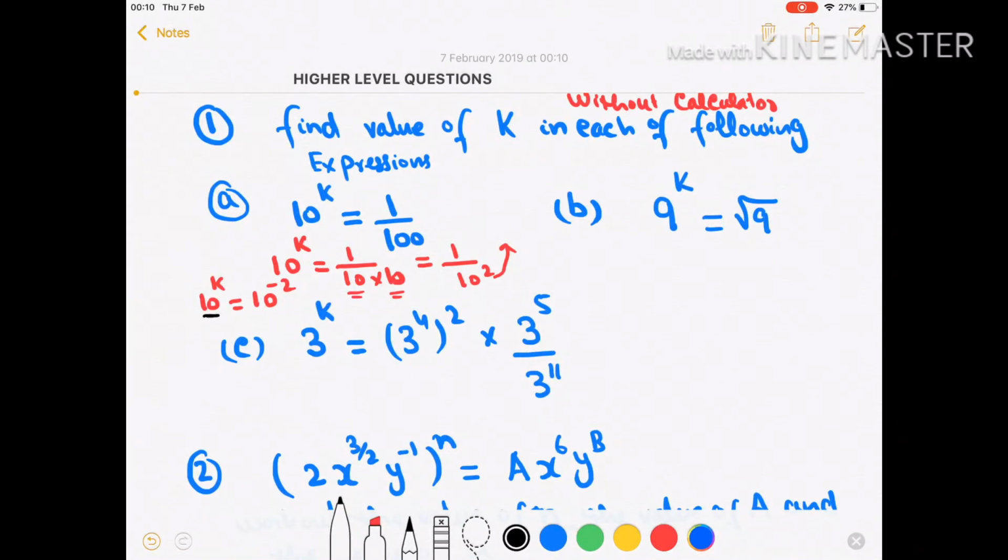Now see, this is the important step: the bases 10 and 10 are the same, so the powers are equal to each other, so k is equal to minus 2. One of the important questions, a higher level question without calculator.